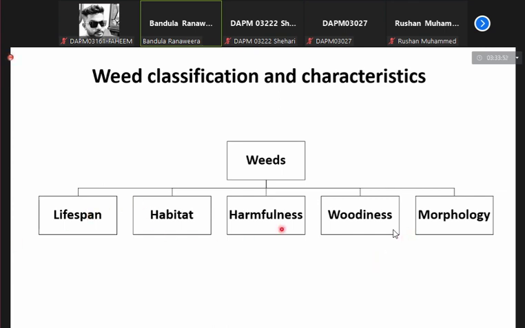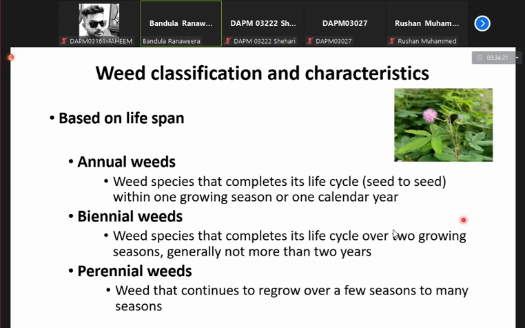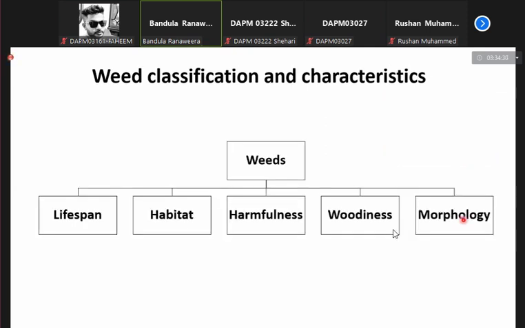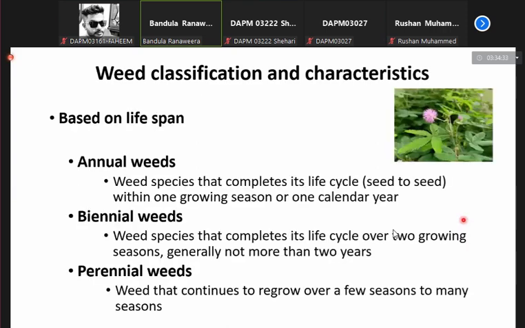By considering these characteristics like lifespan, habitat, harmfulness, woodiness of the stem, morphology of the stem, maybe morphology of the whole plant, woodiness of the whole plant can be useful for weed classification and characteristics. According to the classification based on lifespan, habitat, harmfulness, woodiness, morphology.